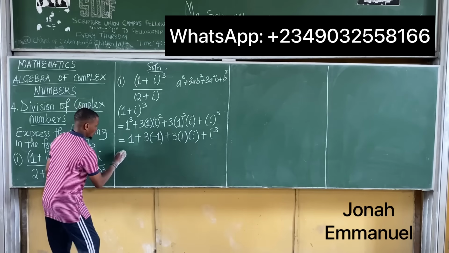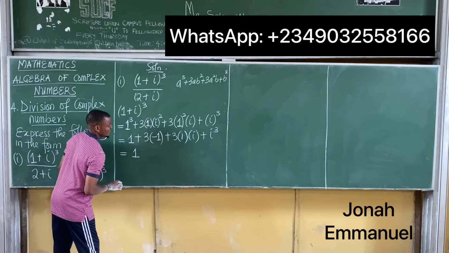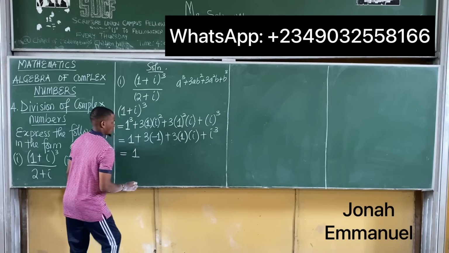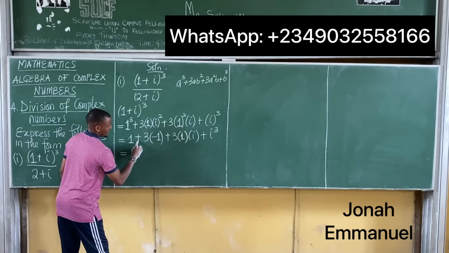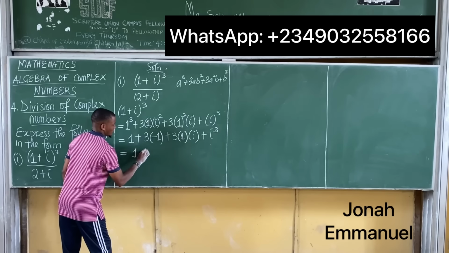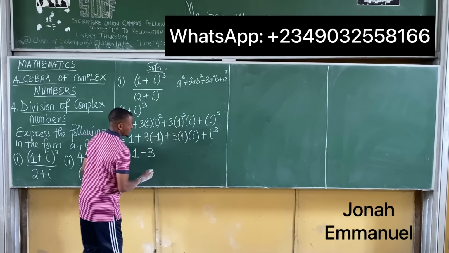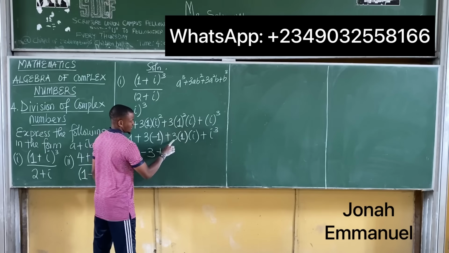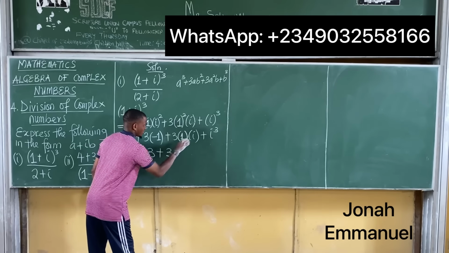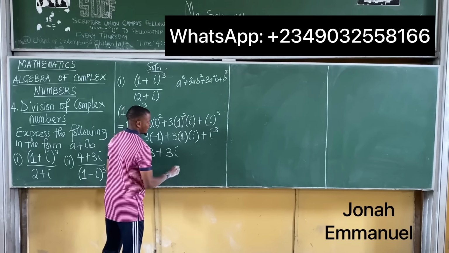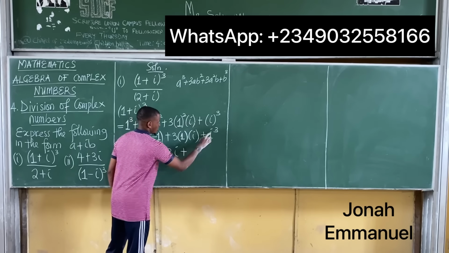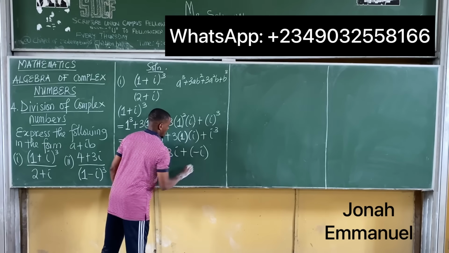All right, so this is equal to 1, 3 plus times minus is minus, 3 times 1 is 3, plus 3 times 1 is 3 times i is 3i, plus i cubed, that is equal to minus i.